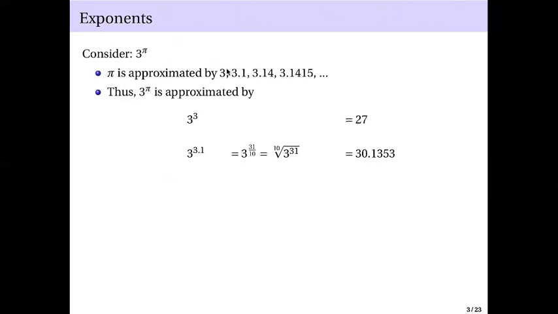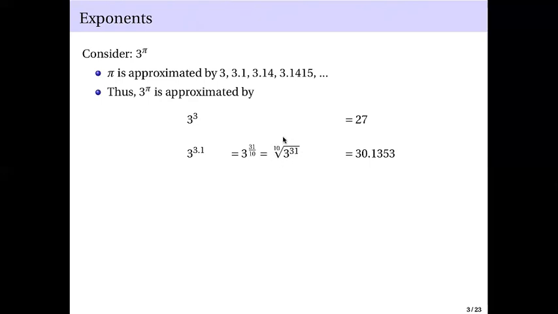Since pi is approximated by 3.1 also, a better approximation than 3, then 3 to the pi can be approximated by 3 raised to 3.1. And 3.1 is just a rational number, meaning it can be written as a fraction, which is 31 over 10. So 3 raised to 31 over 10 is the 10th root of 3 raised to 31.